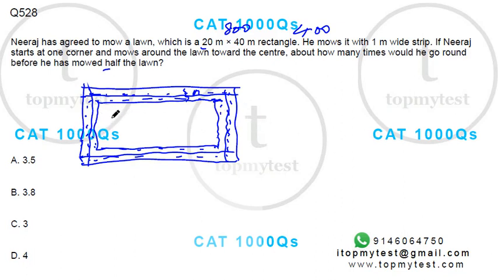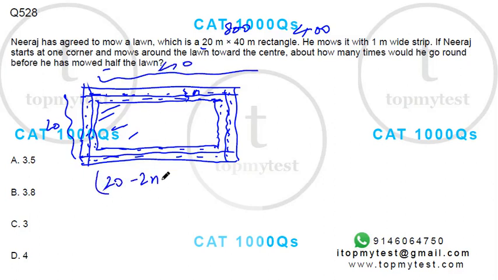So this is 20, this is 40 units. The inside rectangle will be 20 minus 2n into 40 minus 2n. This will be the area of the inside part. So the lawn that he has mowed would be 800 minus this, and that should be equal to 400.